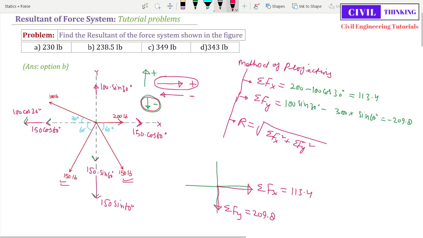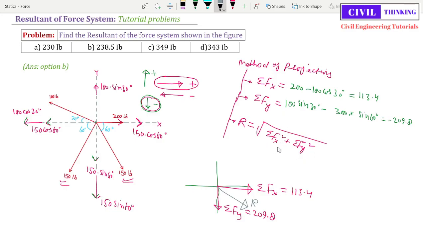Now according to the parallelogram law, the resultant of these two forces will be somewhere between them. Let us say this is the resultant, and the magnitude of the resultant is the square root of summation of Fx squared plus summation of Fy squared.